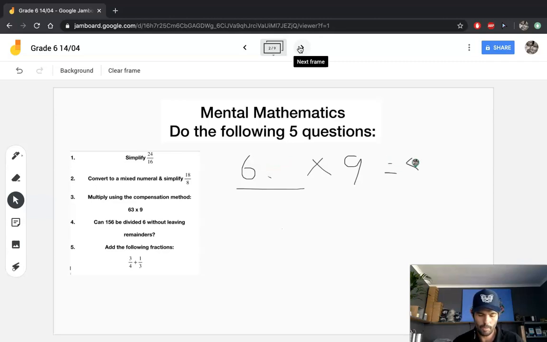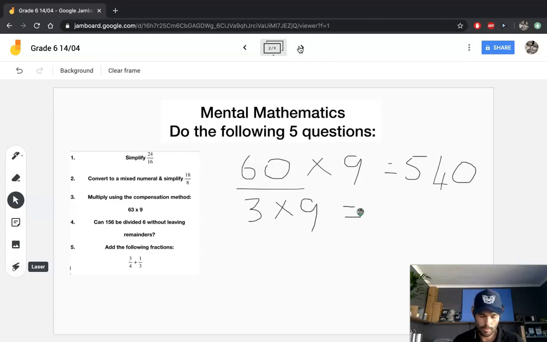But I must remember this multiple of 10, and I must remember the multiple of 10 in the answer. So I've made my sum 60 multiplied by 9, but I still need to add those additional 3 groups of 9. Okay, and those 3 groups of 9 are going to equal 27.